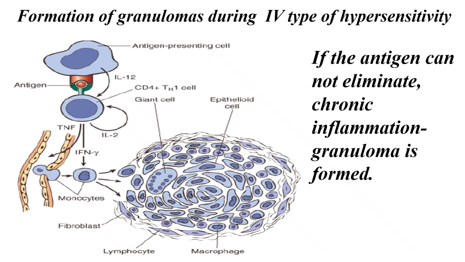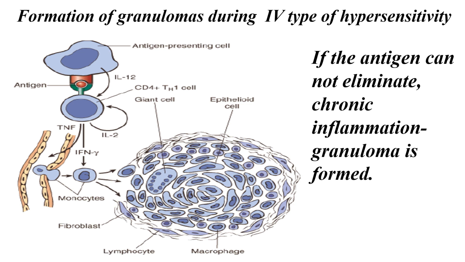Formation of granulomas during type 4 hypersensitive reaction. If the antigen cannot be eliminated, chronic inflammation and granuloma are formed. A section of a lymph node shows several granulomas, each made up of an aggregate of epithelial cells surrounded by lymphocytes.